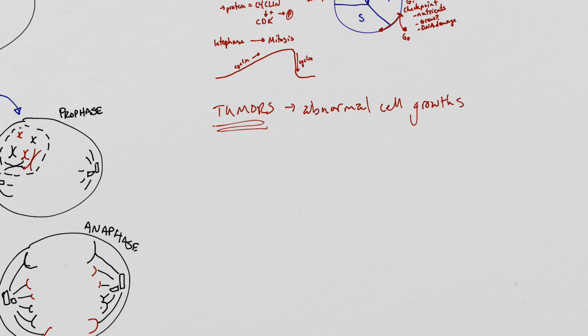And these abnormal cell growths are the result of lots and lots of mitosis happening because we're getting this uncontrolled cell division.